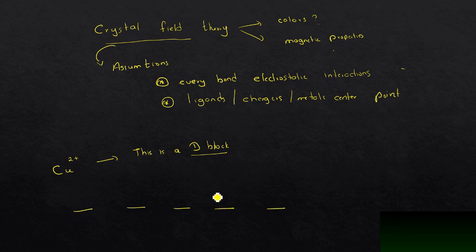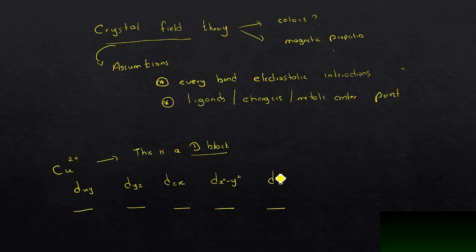If you know how to label them, it's very good. If you do not know, it's completely fine, I will explain everything. So here we have dxy, dyz, dzx, dx squared minus y squared, and dz squared. These are the 5 d orbitals we find in a metal center.